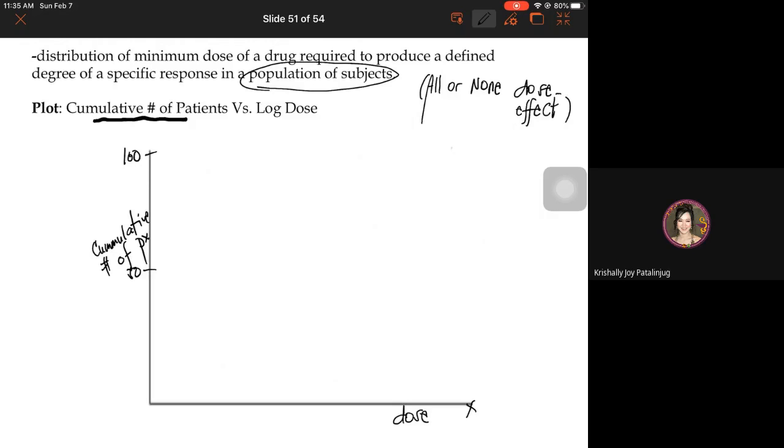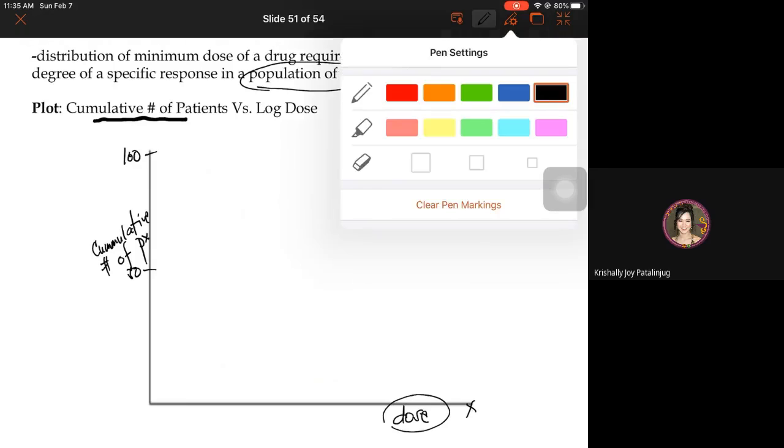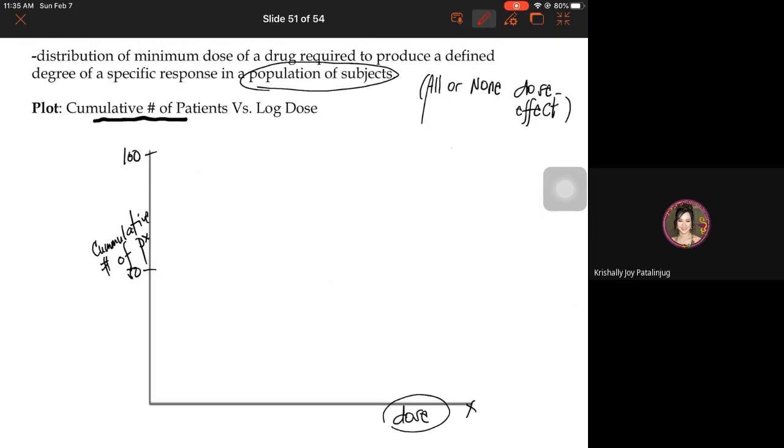Now, that outcome occurrence observed in a group of population given a certain dose of a drug can either be a therapeutic effect, or upon increasing the dose, that might bring about certain adverse effects to a cumulative number of patients.